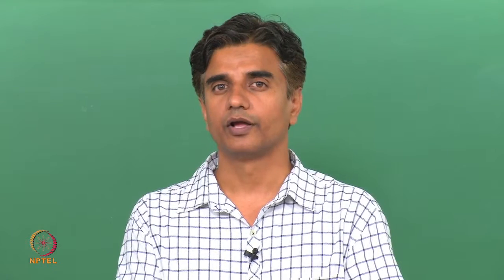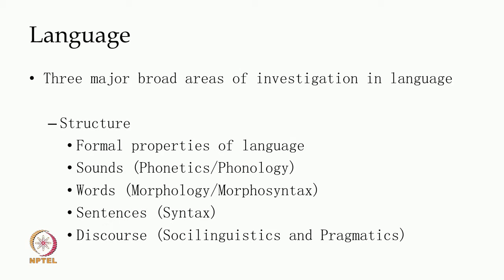We won't go into the details of that, but we want you to keep in mind the three aspects of the structure of language: sounds, words and sentences require a special attention. These domains of language help us understand formal properties of language.